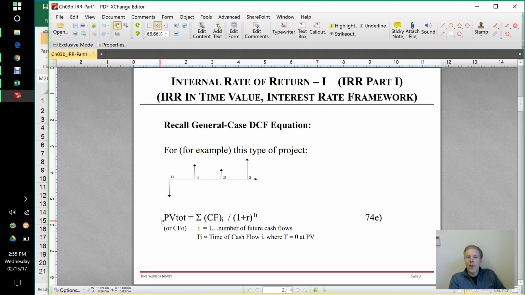It makes the present value of the sum of the future cash flows equal to PV tot, okay?